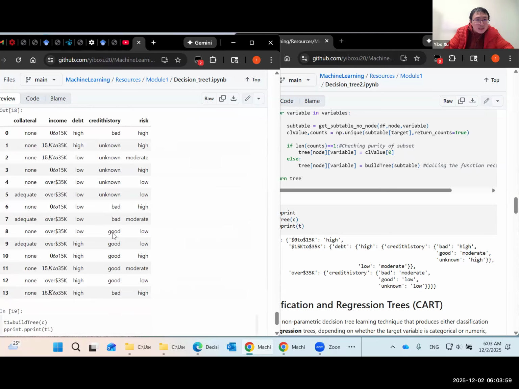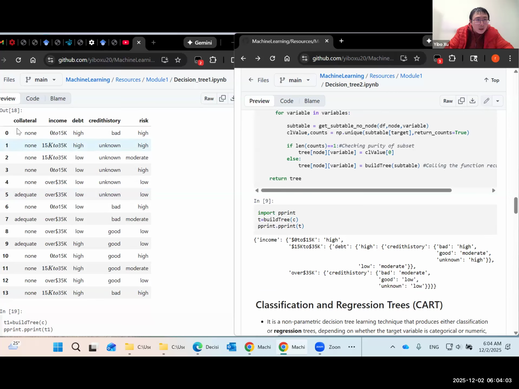So what you're looking at is the same data set, the 14 customers we have. The display looks a little bit weird for the tables. The typesetting is a little bit different because in the table you have the dollar symbol on the left of 15K to the dollar symbol 35K.